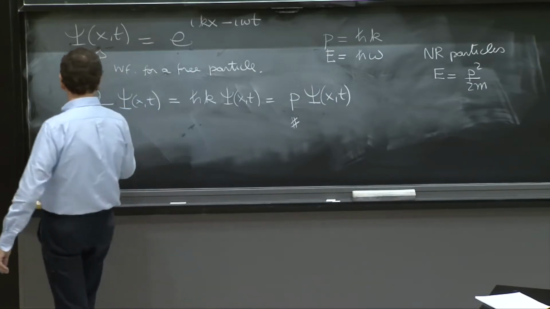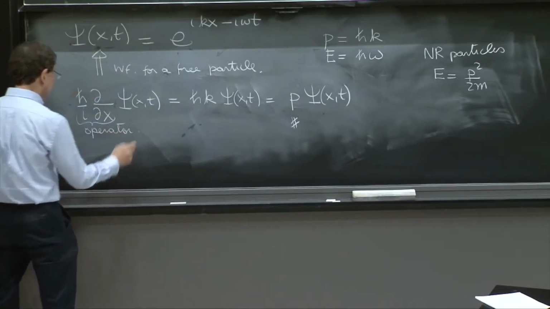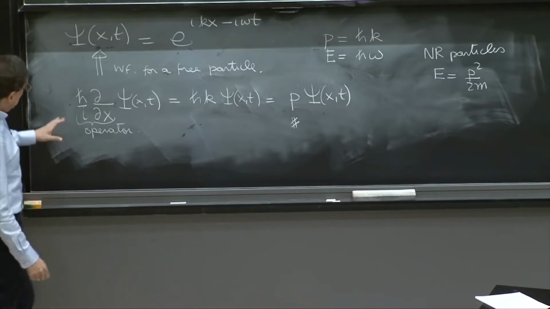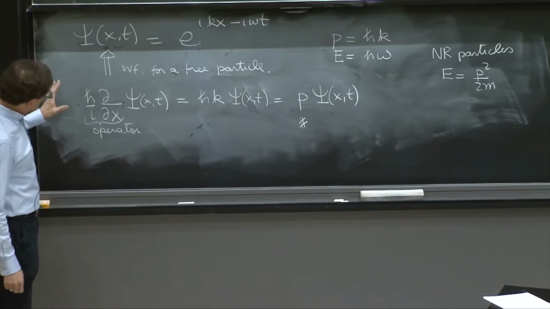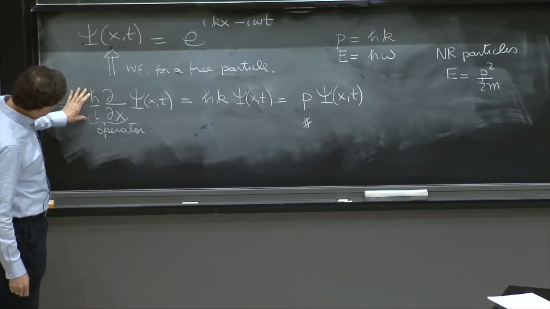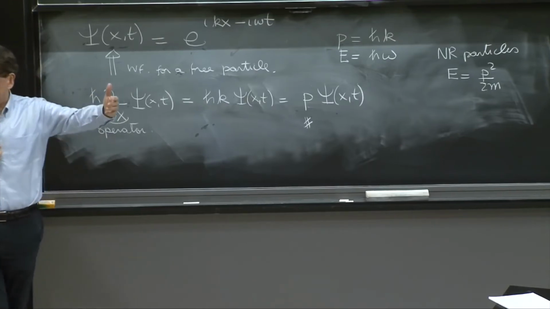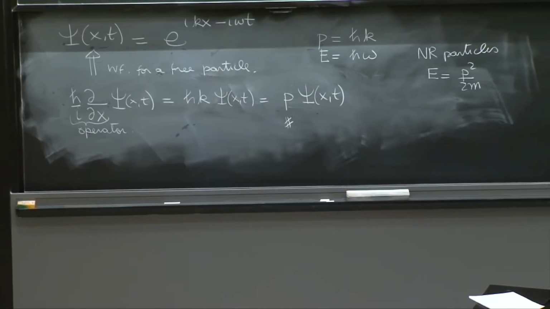Here you have an operator. An operator just means something that acts on functions and gives you functions. So taking a derivative of a function is still a function, so that's an operator. So we are led here to think of this operator as the operator that reveals for you the momentum of the free particle, because acting on the wave function, it gives you the momentum times the wave function.